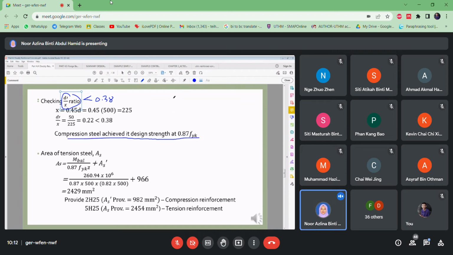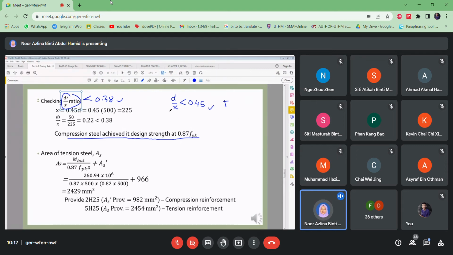Okay, so kalau checking untuk tension reinforcement, ingat tak berapa? D divided by X, it should be less than, anyone for tension checking? 0.45. Okay, so this is for compression, this is for the tension.